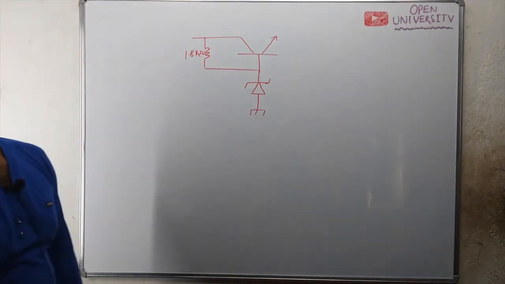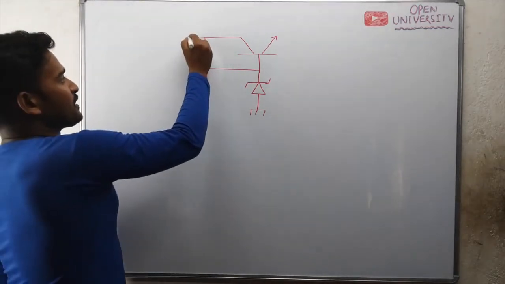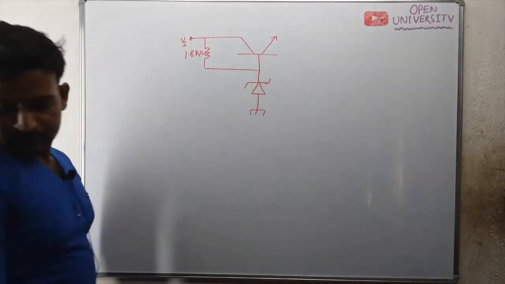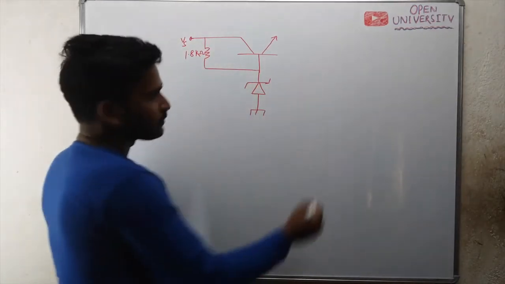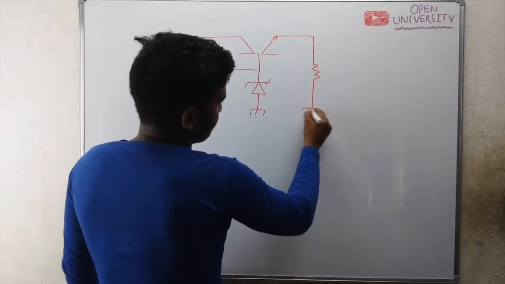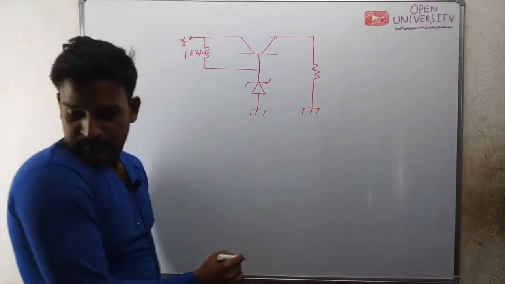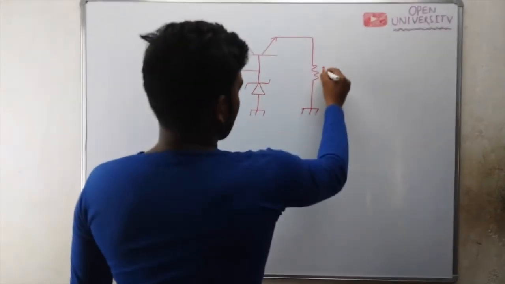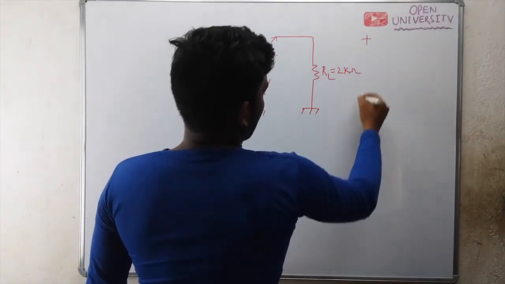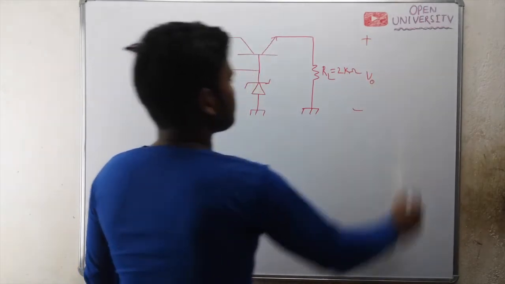0.8 kilo ohm resistance. This is your Vs. And this is your RL, which is 2 kilo ohm. And this is your output voltage V0.